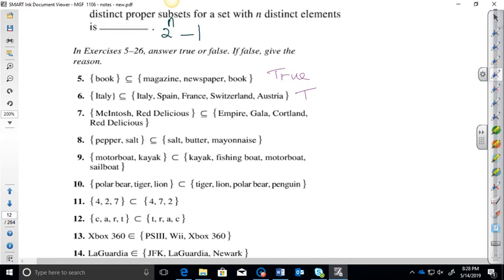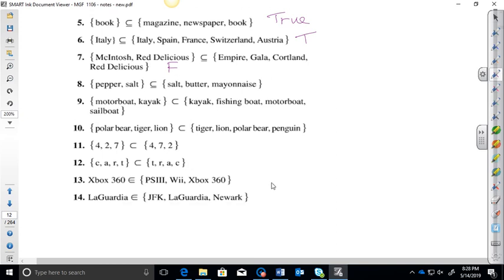Why is that? Macintosh is not in the other set. So it's false. It's not a subset. Set pepper salt. False, because pepper is not in the other set. Motorboat kayak. True. And it's proper, right? Proper, because it's not the same set.